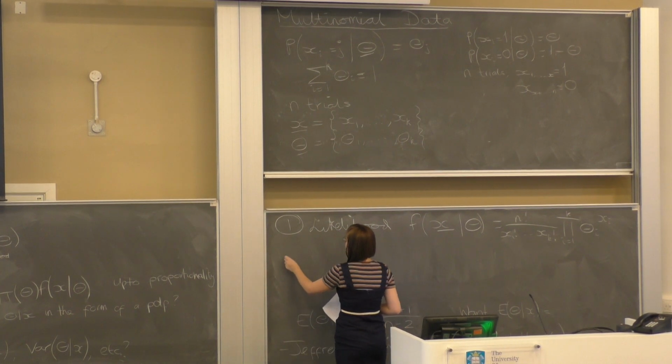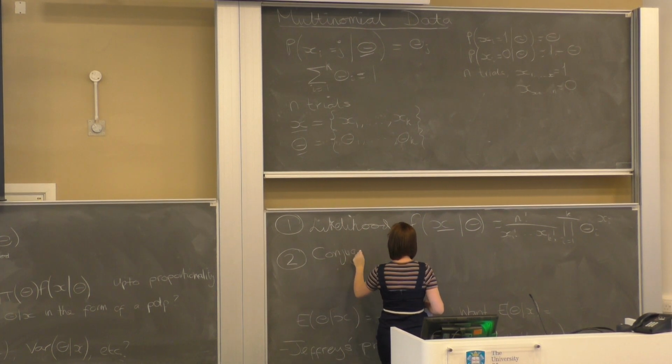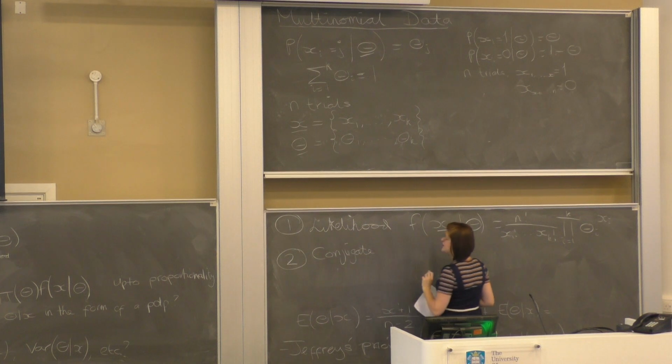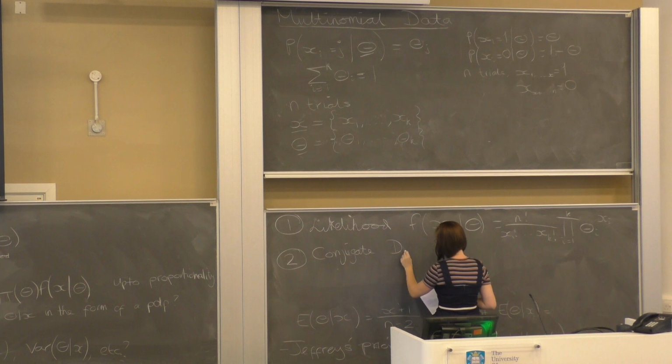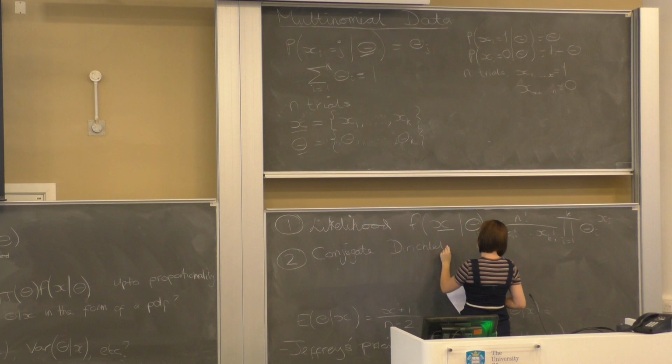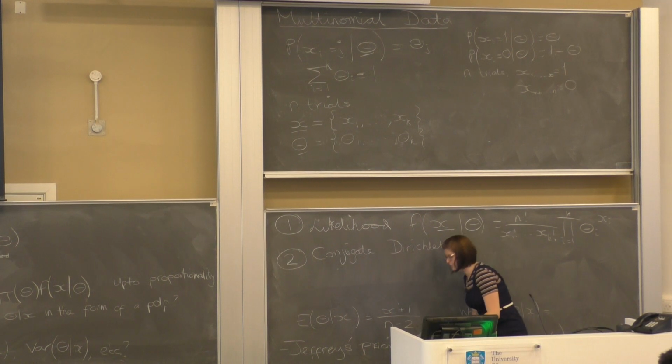And the prior for this, if we use a conjugate prior, we're just going to tell you that the conjugate prior for this is a Dirichlet distribution. I'm going to assume that you haven't seen this distribution before, so we'll talk about it for a little bit.